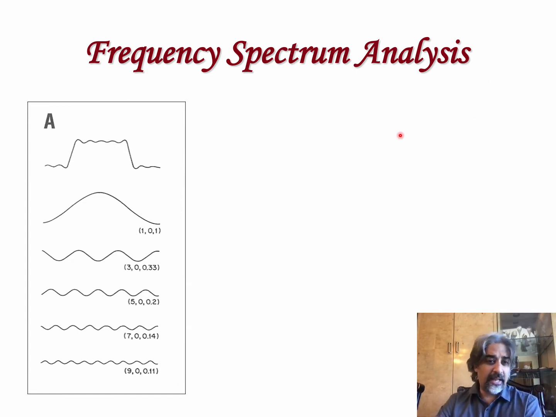Basically, any function can be broken down into a number of sine waves of both long wavelength, low frequency, and short wavelength, high frequency, in different phases. So when I see this waveform, I understand that adding this to this to this to this algebraically gives you this waveform. There's a low frequency component to it, and there's a high frequency component to it.